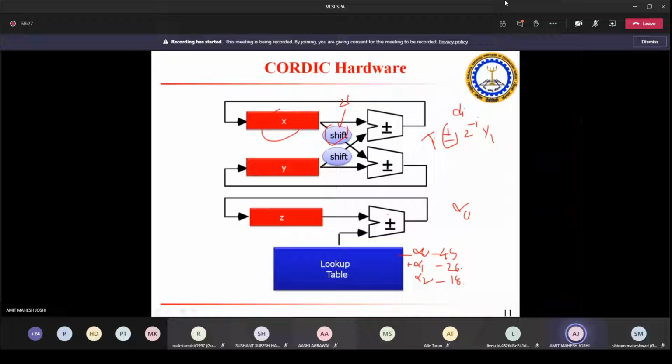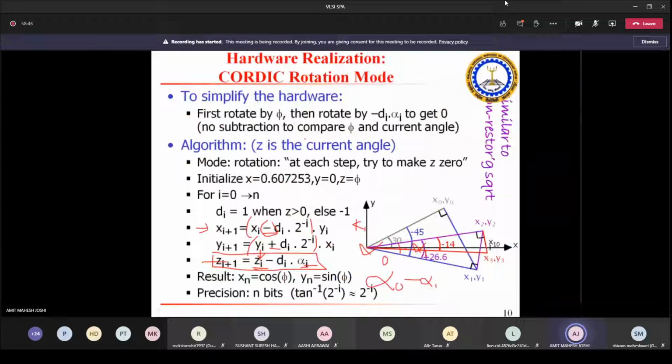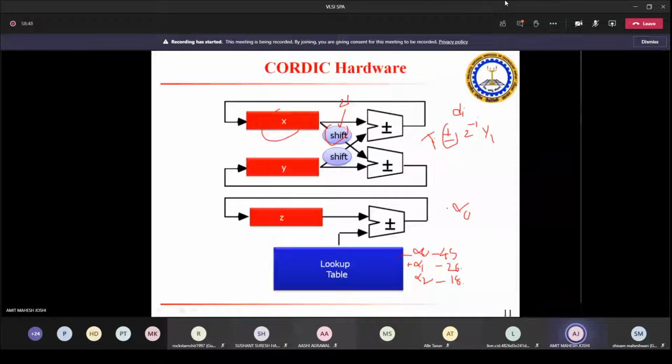Then if 45 minus 30 I am getting 15, now I need to add something. Next alpha should be added so that I can go nearer to 30. So like that, this comparator will decide whether you need to give positive alpha or negative alpha.